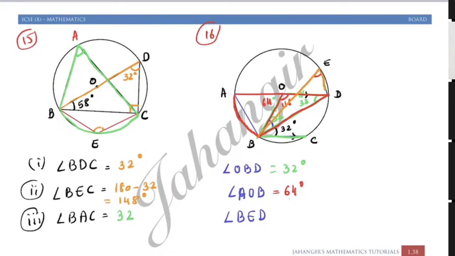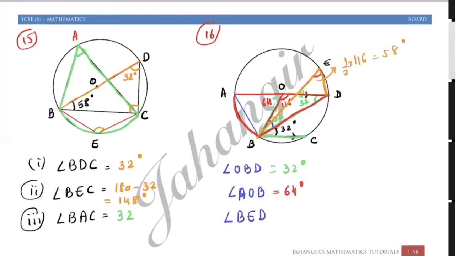Why? Same arc. 116 is at the center and BEC is on the circumference. So the center angle is double the circumference angle, right? So this will become half of 116. That is 58 degrees.